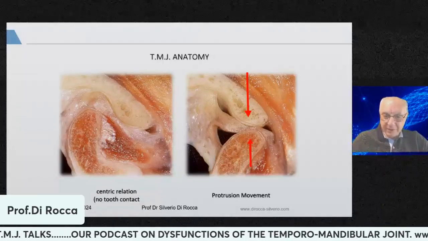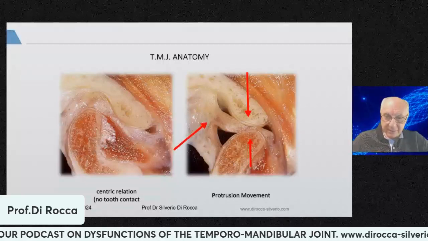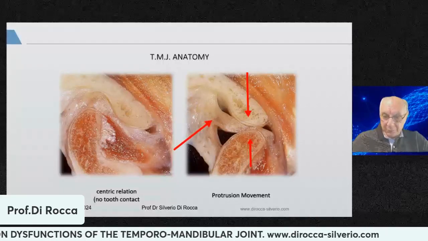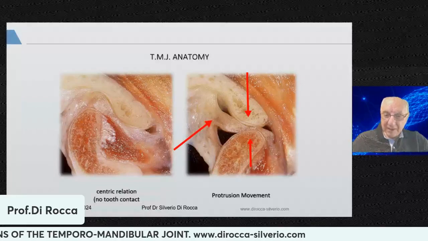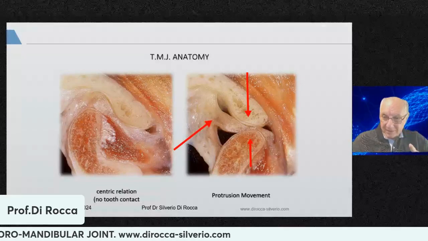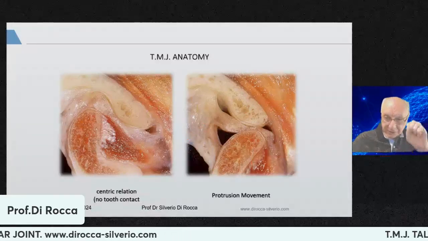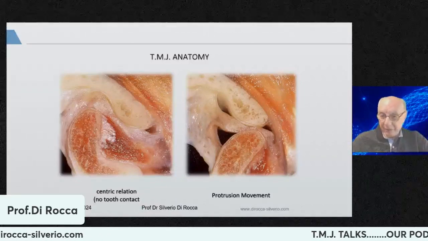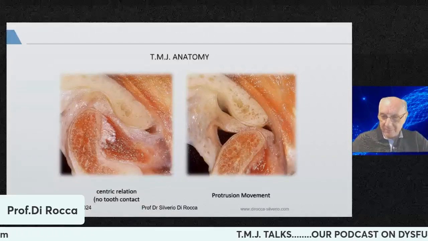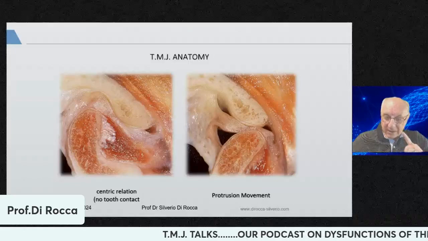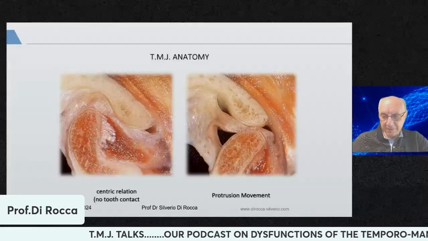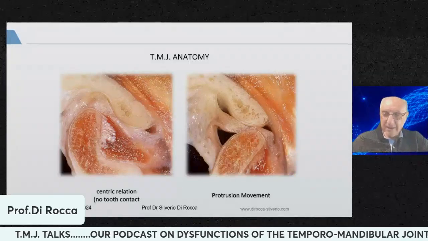And you see here, there is a ligament here. We call that the posterior ligament. This ligament is stopping the movement of the condyle. Another particular concept for diagnosis.